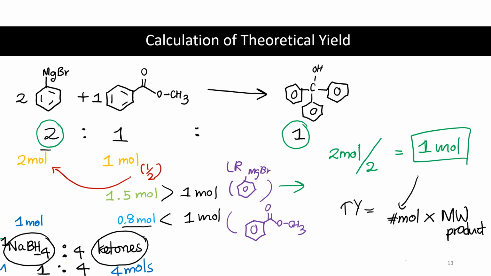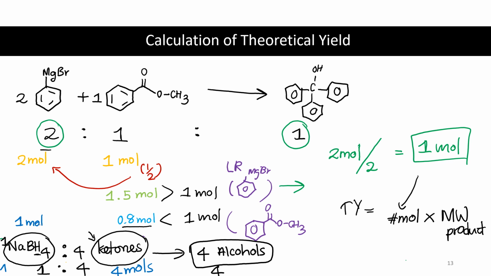But if you had more than 1 mole of sodium borohydride, then the ketone would be the limiting reagent. So in that case, if you reduce 4 ketones, you get 4 alcohols. So the molar ratio between ketone and alcohol is 4-to-4. It's the same ratio, so it's same as 1-to-1.